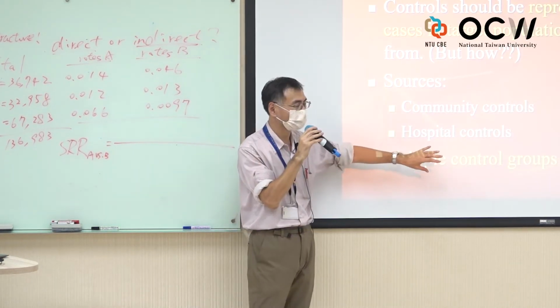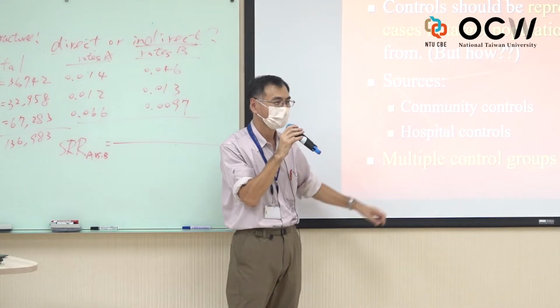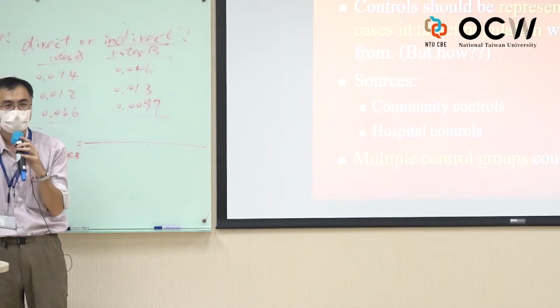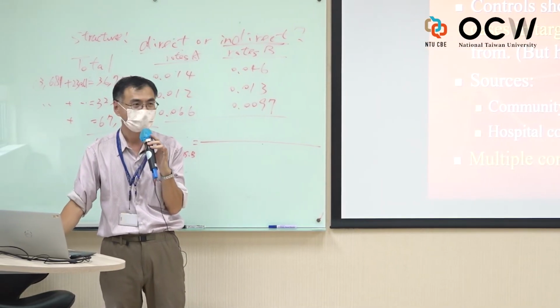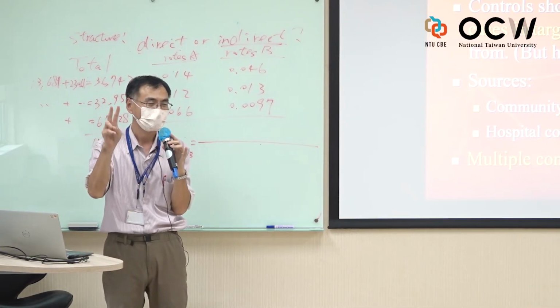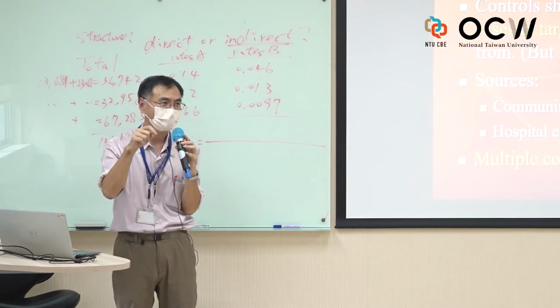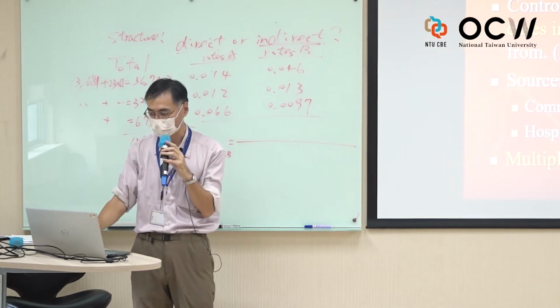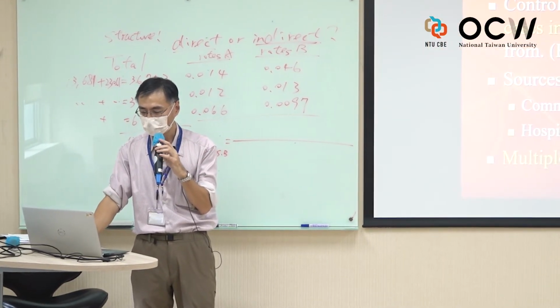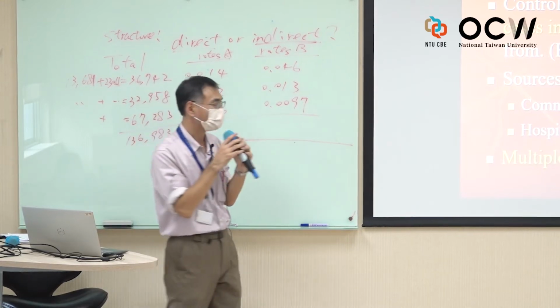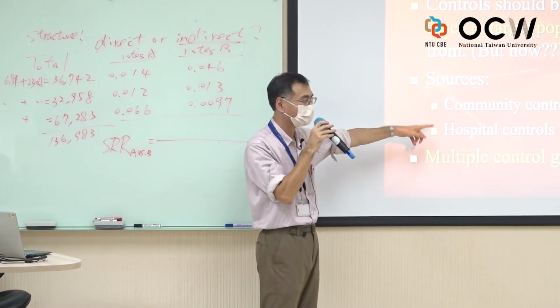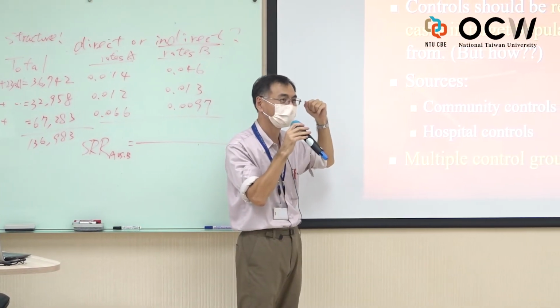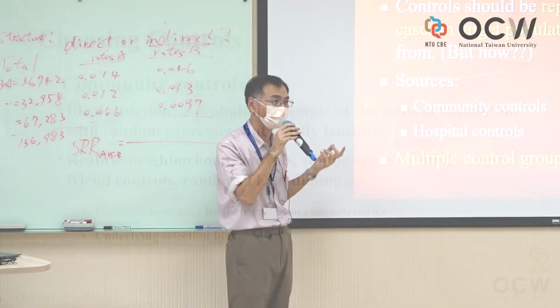Or you could make sure that the comparisons are robust. So in some studies we could have two control groups versus one case group in a case control study. For example, you could have one control group from the community and the other one from the hospital. And if both of them show a similar story, then it is more likely to be true, right?